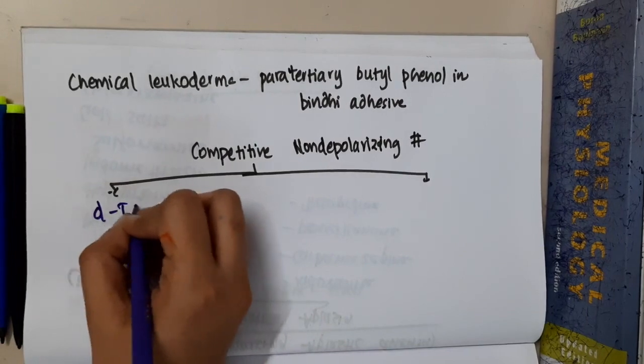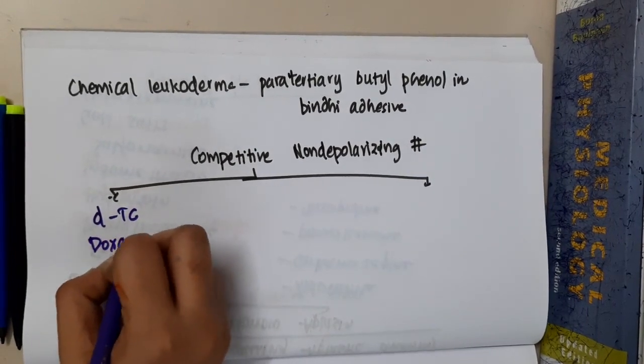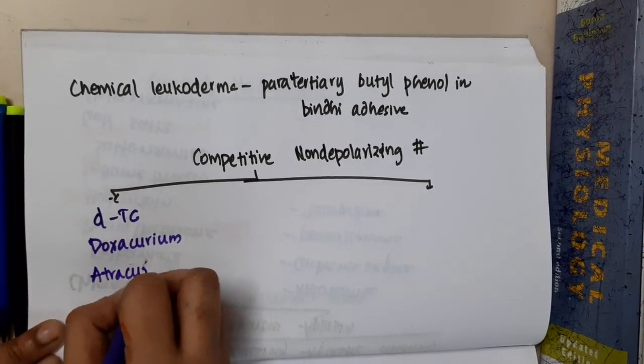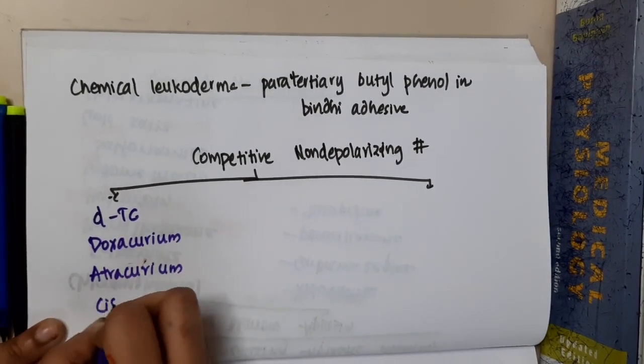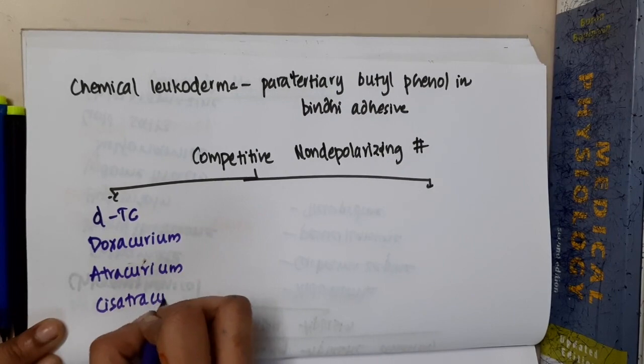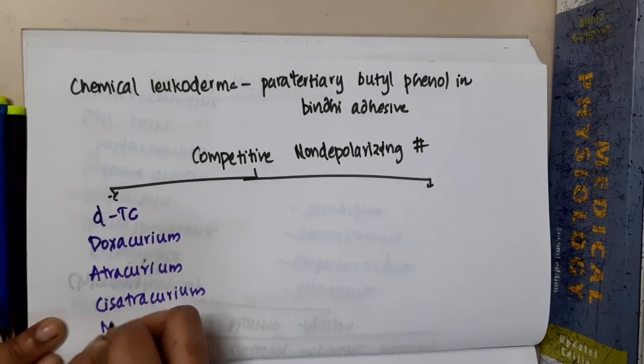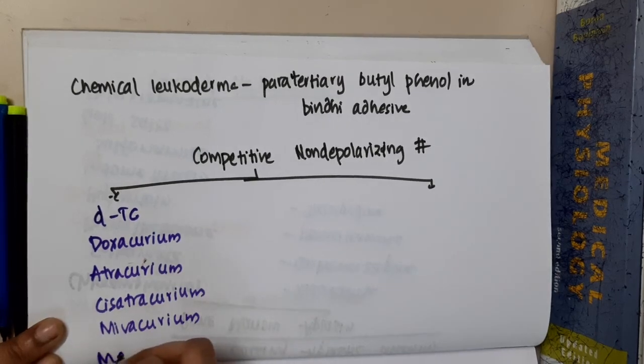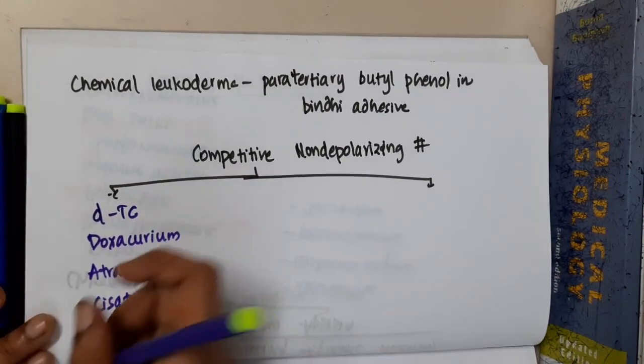One includes D-tubocurarine, doxacurium, atracurium, cisatracurium, mivacurium, and metocurine. What are these?